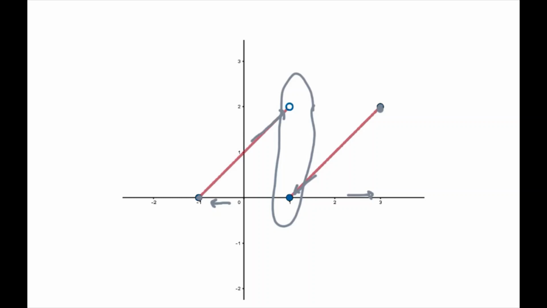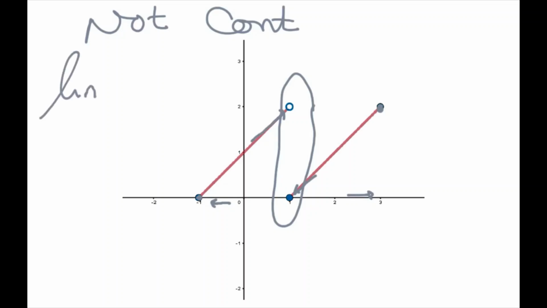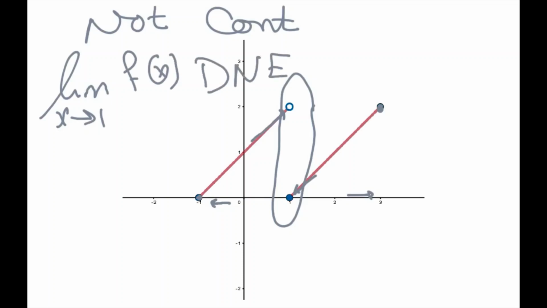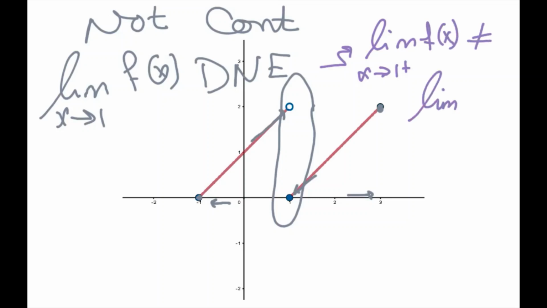So the limit does not exist, so it's not continuous, because the limit as x approaches 1 does not exist. Does not exist means the limit as x approaches 1 from the right does not equal the limit as x approaches 1 from the left side.